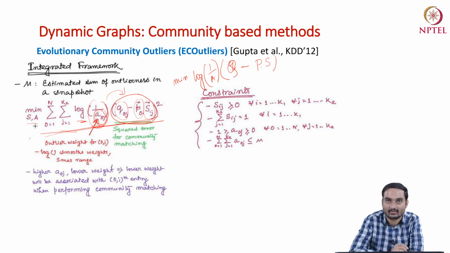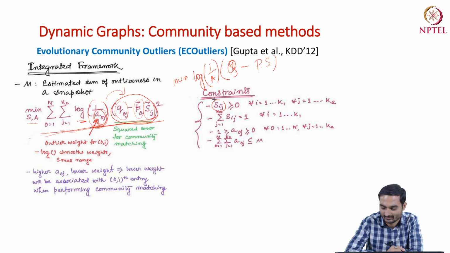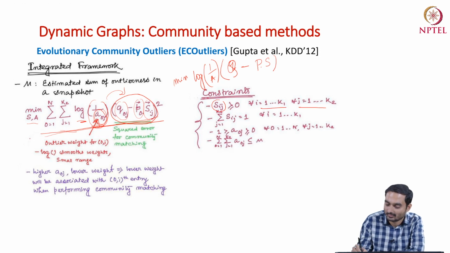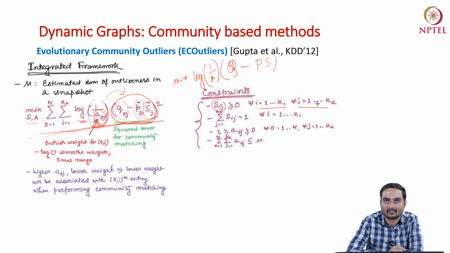And what are the constraints? In the correspondence matrix S, the entries should be 0 or greater than 0, but should not be negative, for all pairs of K1 and K2 communities.